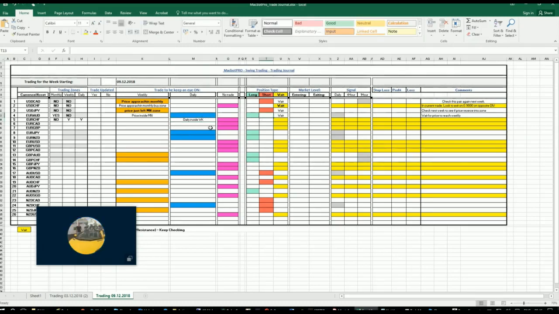So long, we're looking to buy. No, you're in the wrong one. Next box down. And just basically delete that from the other box so you don't get confused.